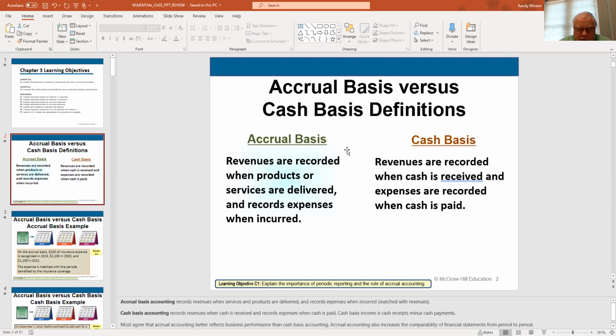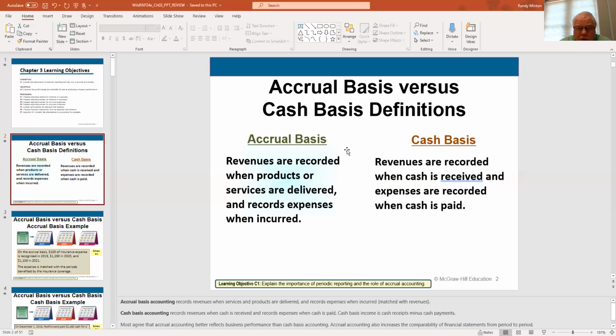No cash is transferred yet. You're going to pay that bill later on. Same thing is true when you have your electricity or your water bill or anything like that. The service has been rendered, you just haven't paid for it yet. So we still record it. That's the key. We're going to record it even though we haven't paid for it yet.